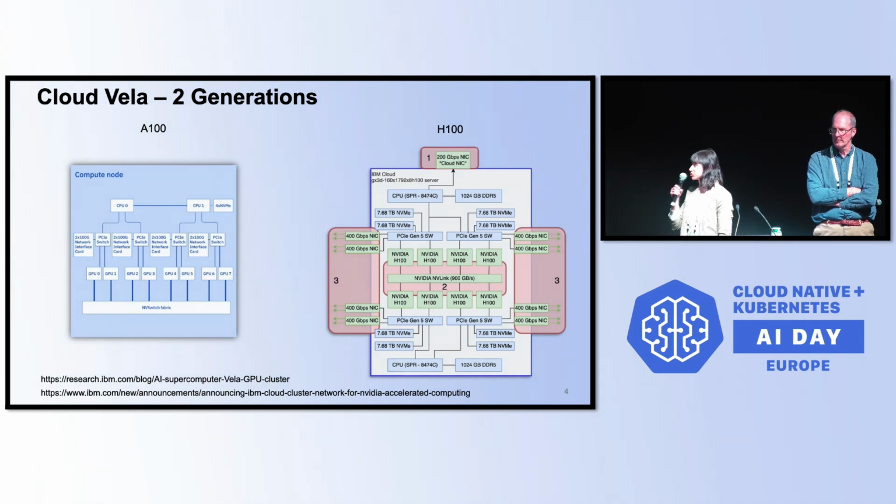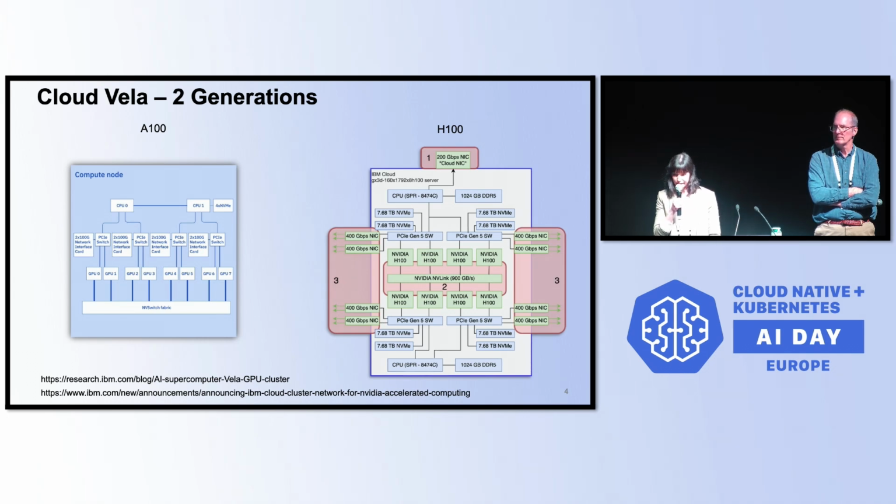All right, so GPU clusters, that's what we're talking about. We've been running AI workloads on 2 generations of distributed clusters with GPUs. Our first generation is Cloud Vela, deployed and running on IBM Cloud, and is composed of several compute nodes, each of them having 8 NVIDIA GPUs, all of them connected through, of course, NVLink and NVSwitch.